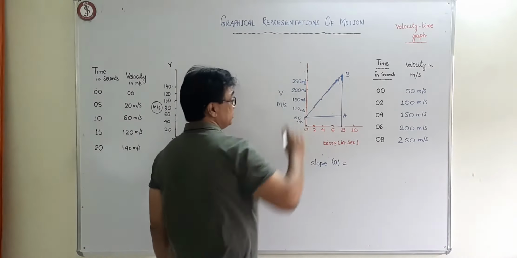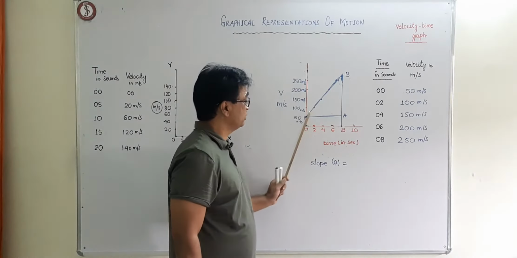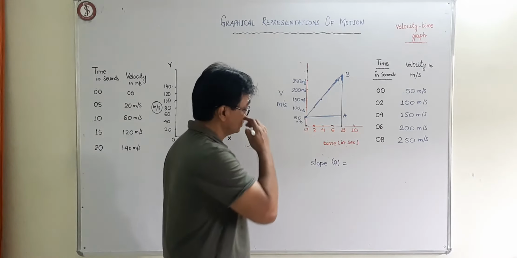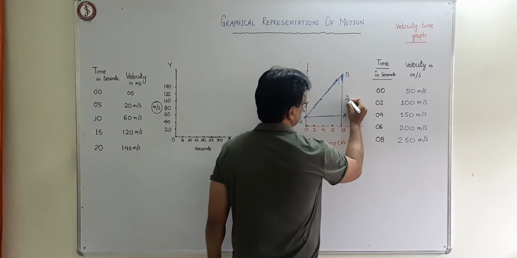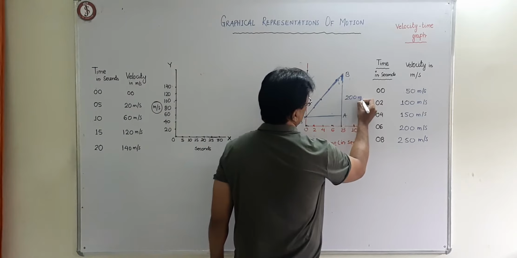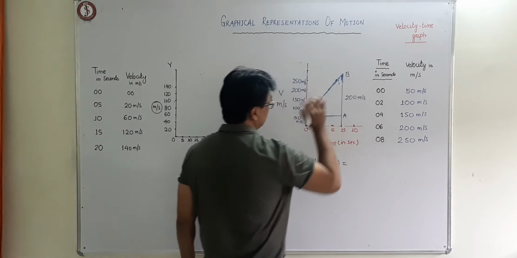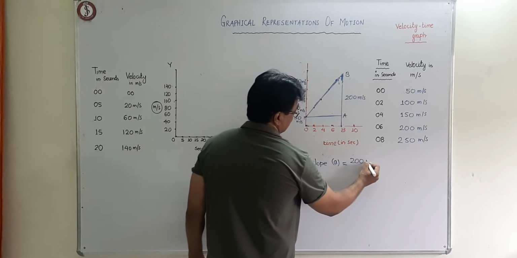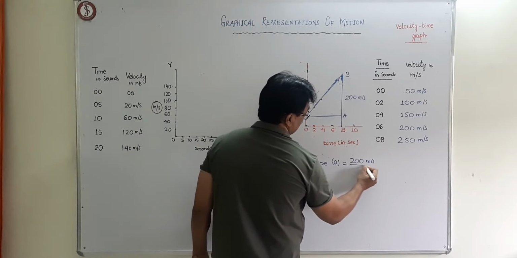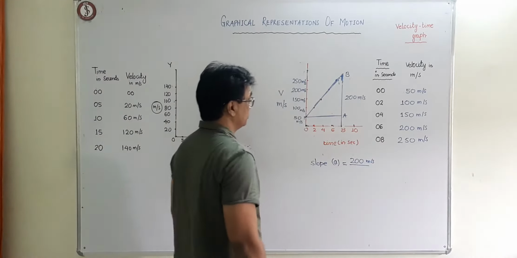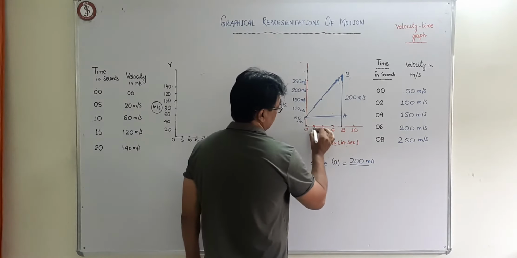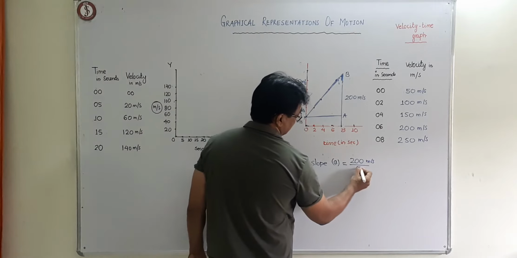You are measuring change in velocity. It was 50 initially, and it became 250. That means it changed its velocity by 200 meter per second, that is 250 minus 50, divided by the time. So it changed from 0, that means 2, 4, 6, 8, in 8 seconds.